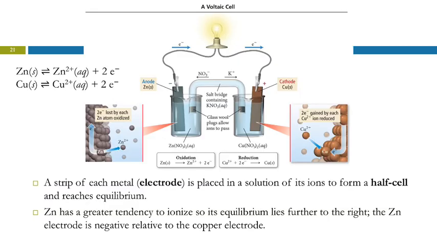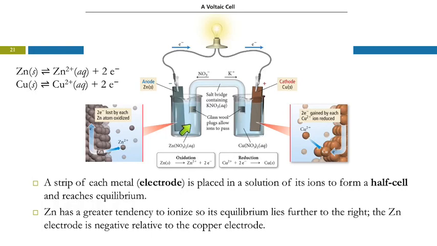So let's look at that copper and zinc again. Here is a voltaic cell. This will generate electricity because the reactions occurring are spontaneous. On one side, we have the oxidation occurring where zinc is losing electrons and forming zinc ions.